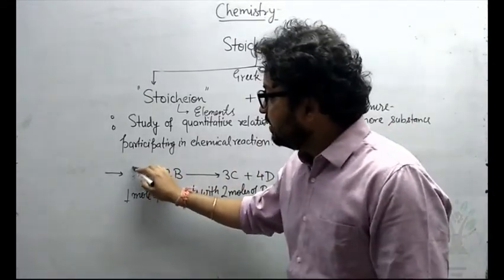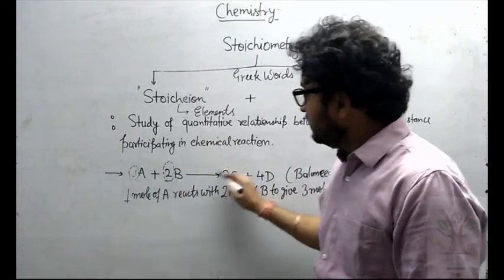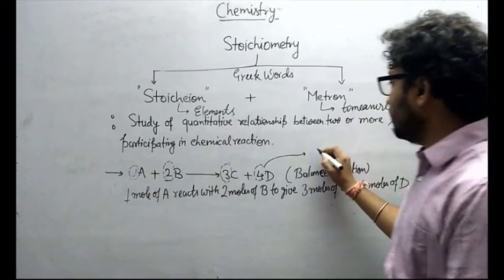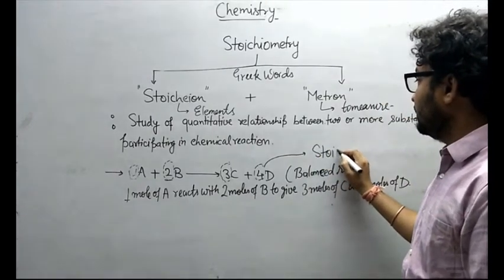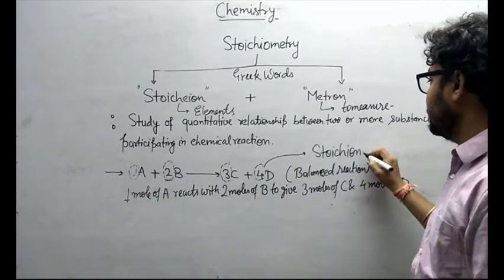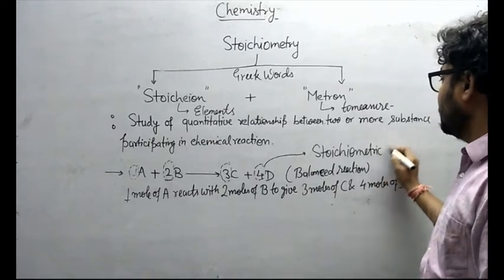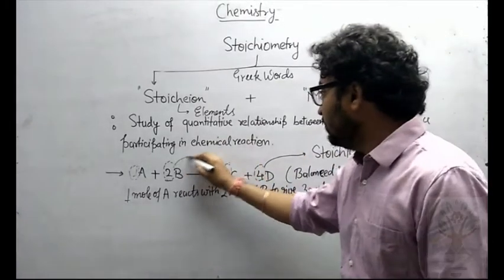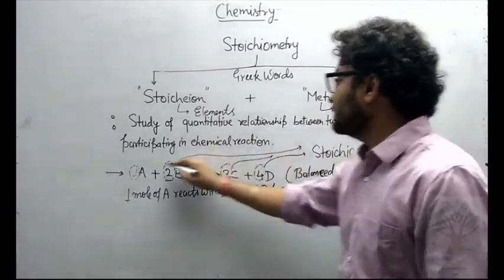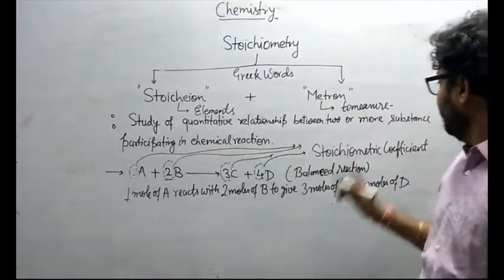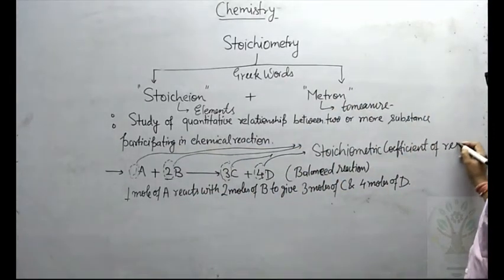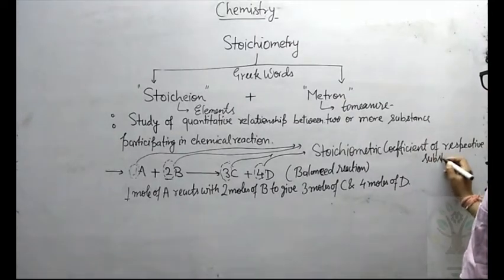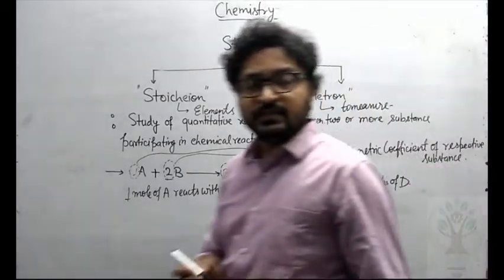These numbers are called the stoichiometric coefficients of the respective substances.